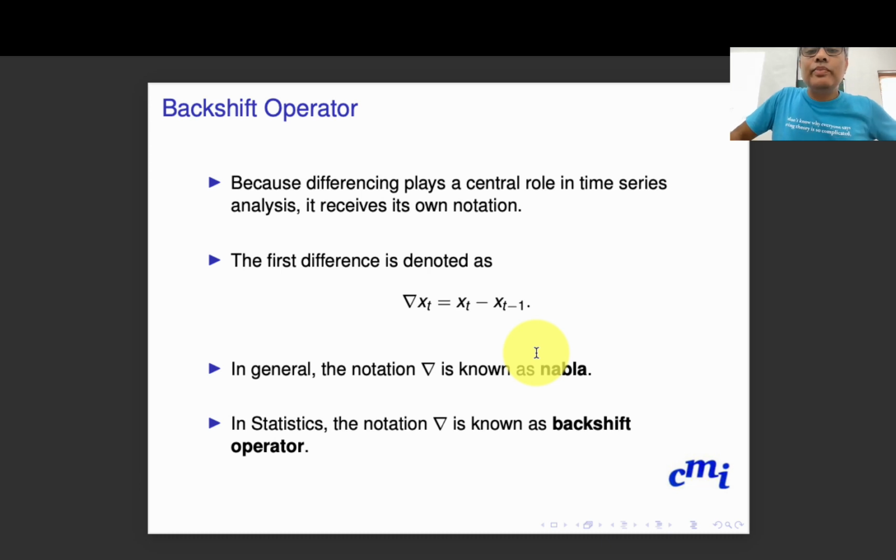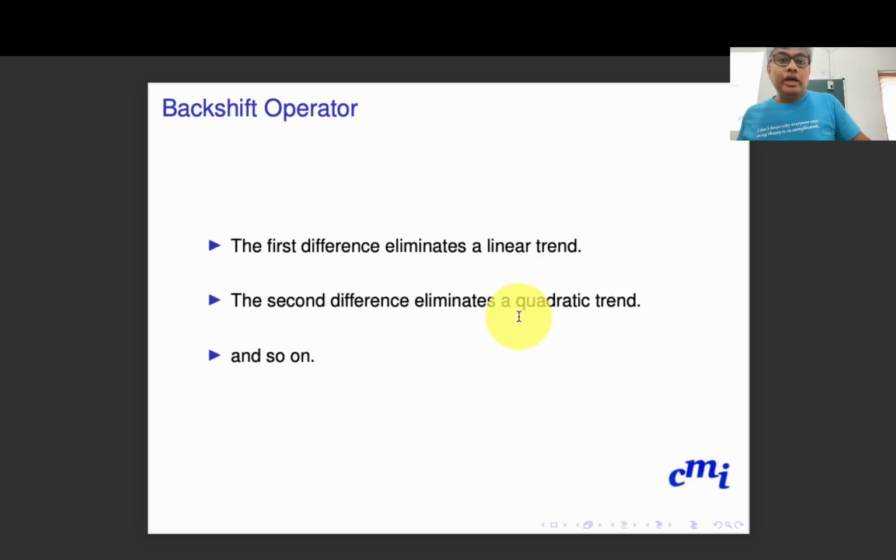In statistics, this nabla notation is known as the backshift operator. So if you see nabla X_t or the backshift operator on X_t, that means it is nothing but X_t minus X_{t-1}. With the first difference, immediately what happens is that it eliminates the linear trend. As soon as you apply the first difference, if there is a linear trend, it will be eliminated.